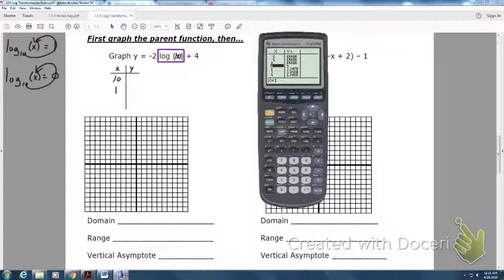We wrote this down on the first page. It equals 1, right? So I've got negative 2 times 1 plus 4. Negative 2 times 1 is negative 2. Negative 2 plus 4 is 2.